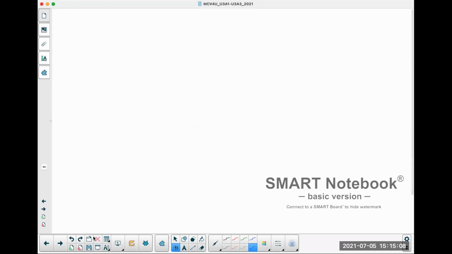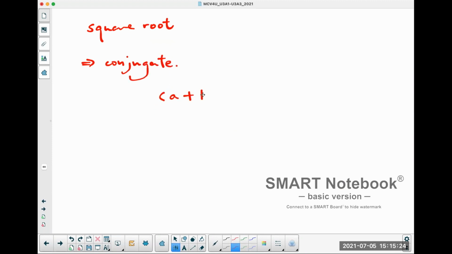Anytime you see square root functions, you have to go back to something that you learned in grade 11. We call this the conjugate. The idea of a plus b multiplied by a minus b, like a difference of squares, gives a squared minus b squared.